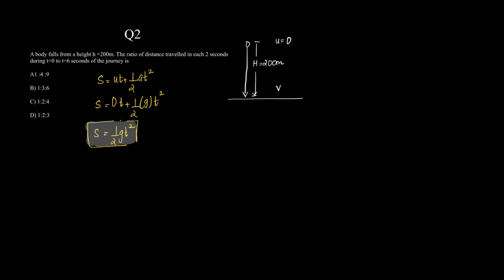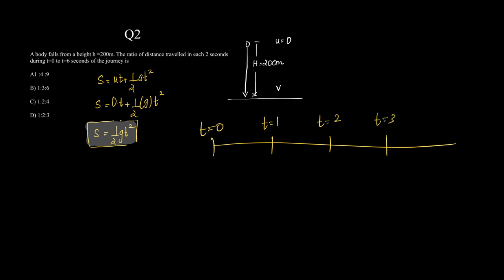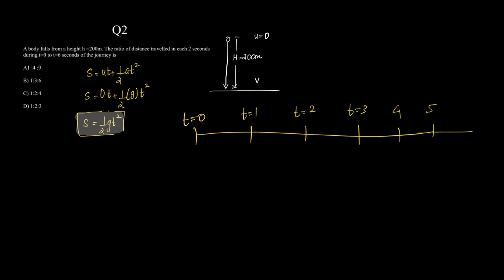See, obviously time t is equal to 0, t is equal to 1, 2, 3, say 4, 5, and 6. Now, let me mark the names also so that it becomes more clear to you. So A, B, C, D, E, F, G. So this is the position and the time.